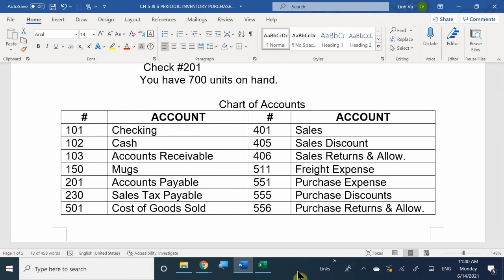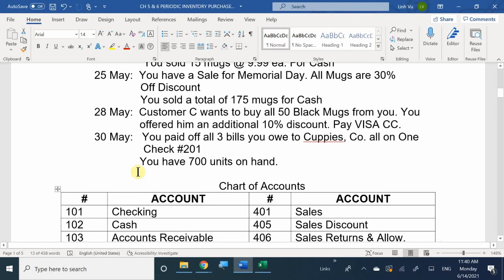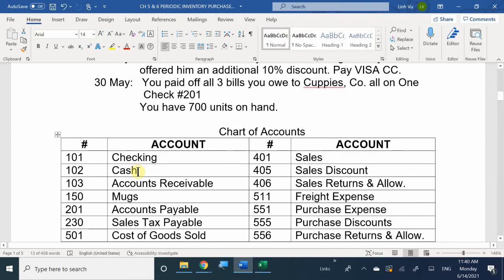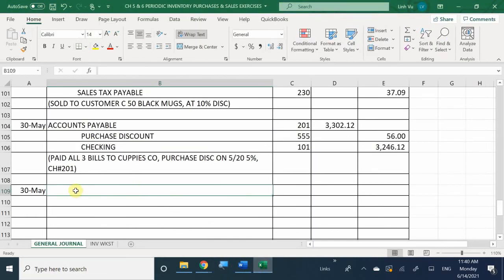Mugs, 150. Because in this case, I'm converting my purchase expense into my inventory. What did I specifically buy? The mugs. So account number 150 is my mugs. Okay, so mugs is the first one.